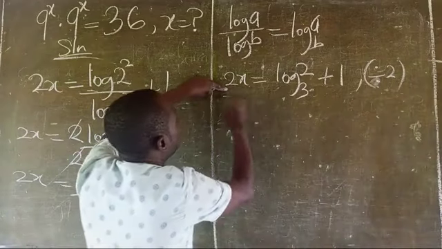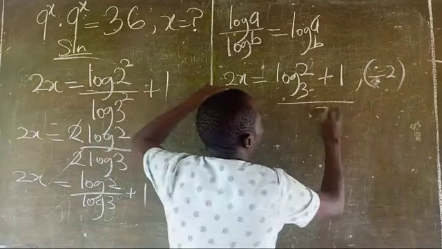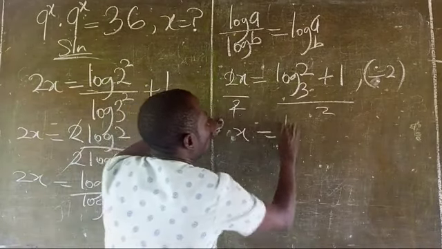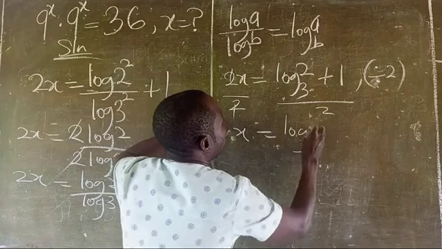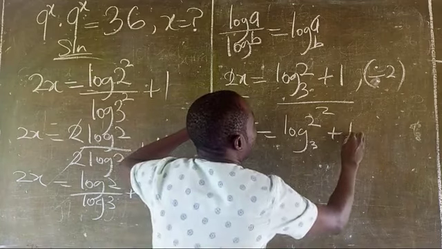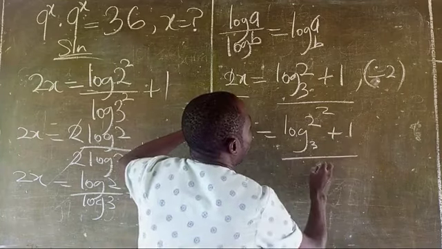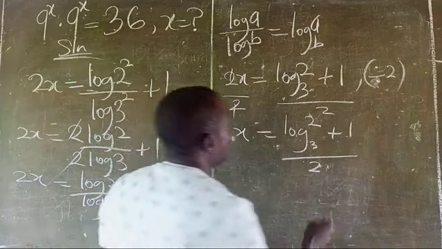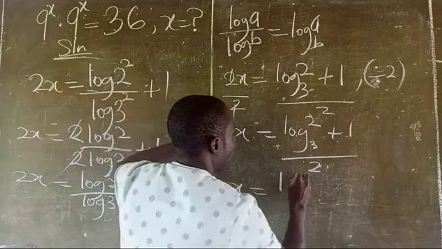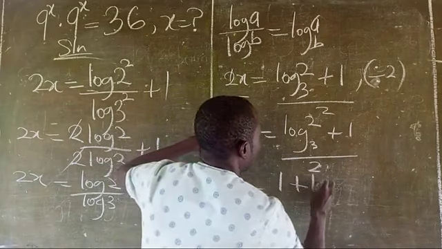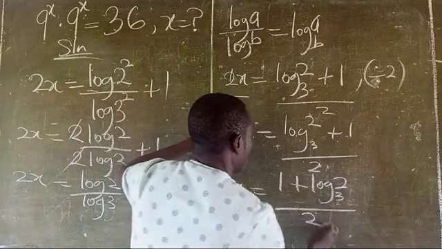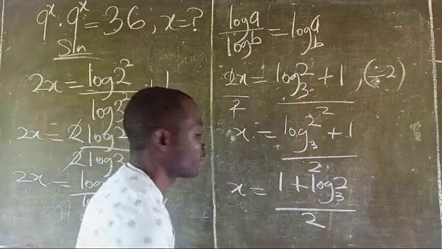It will therefore become over 2 on both sides. So 2 cancels 2, and x equals log 2 base 3 plus 1, all over 2. Or in a simpler form, we can write x equals 1 plus log 2 base 3 all over 2, by writing the constant first.